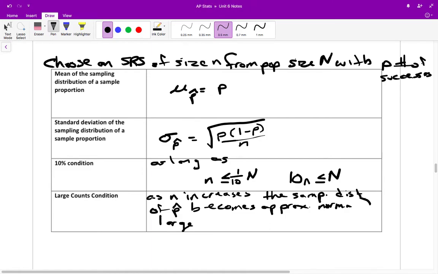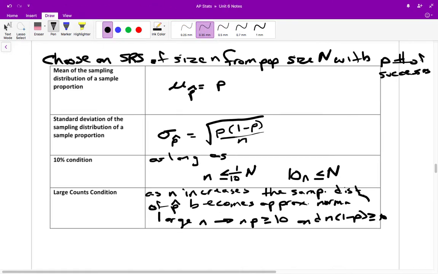In other words, for it to be a large enough sample size, it needs to satisfy both of these conditions, which we've seen before: n times p must be greater than or equal to 10, and n multiplied by 1 minus p also needs to be greater than or equal to 10. So if your sample is large enough for those two conditions to hold, then you will have something that is approximately normal.